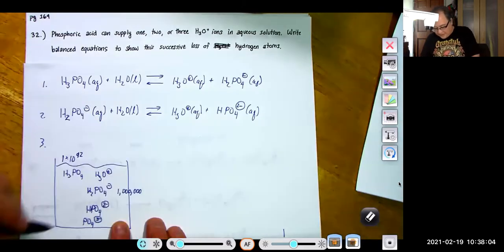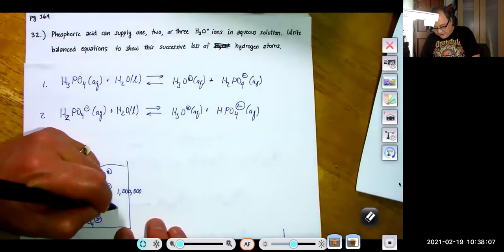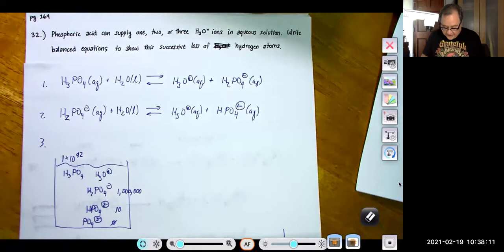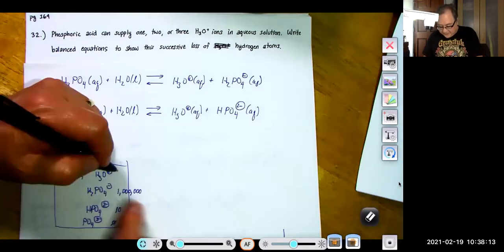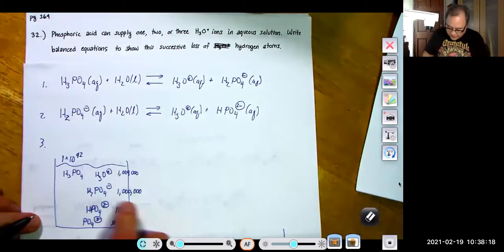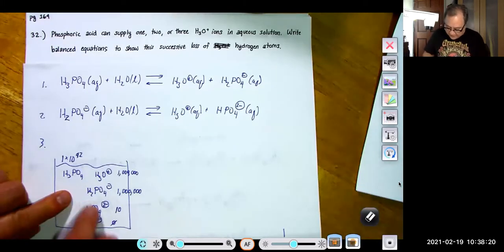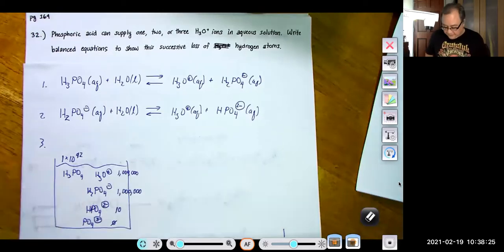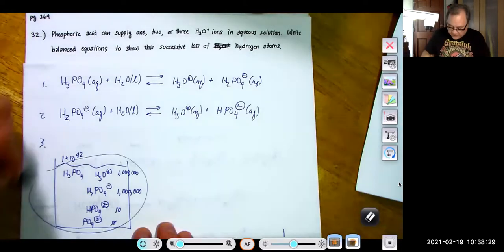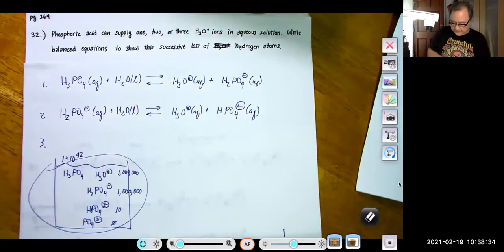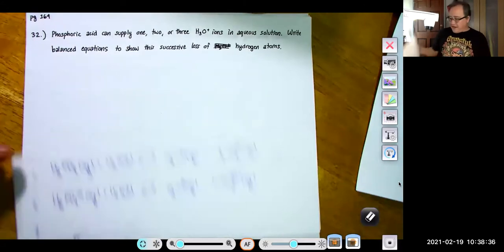You might have 10 of these, and you might have essentially 0 of these. And here you're going to have about 1 million of these. Because here, when you look at how many of these are made, it's going to be equal to how many of those you have. Okay, so this is what you have in water. When you have this weak acid, you have all these things in water. Okay, so that would be the answer to that question.